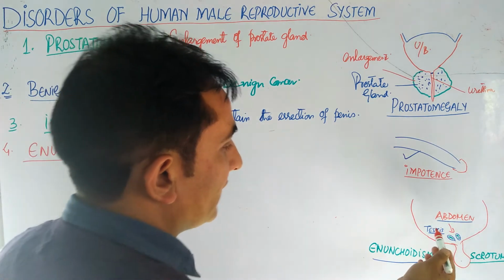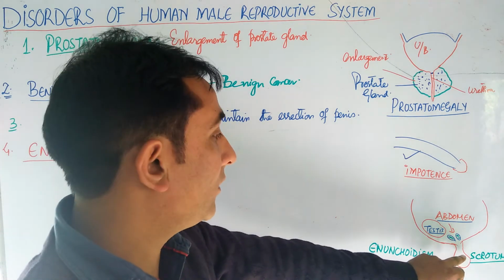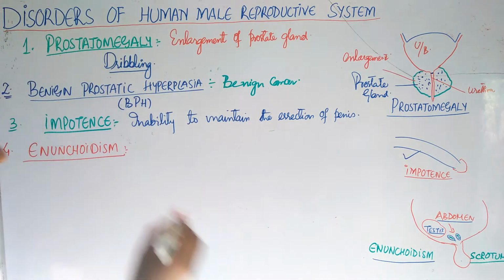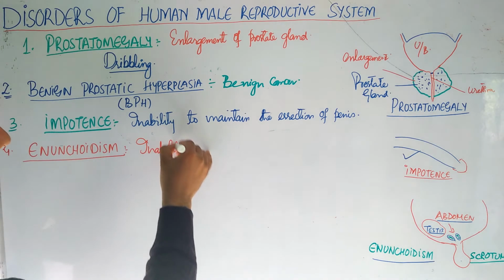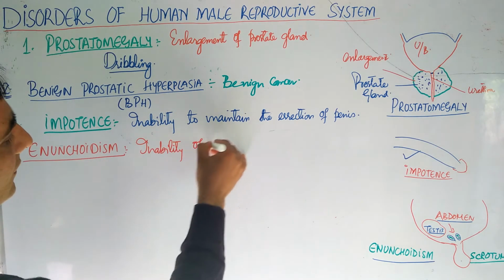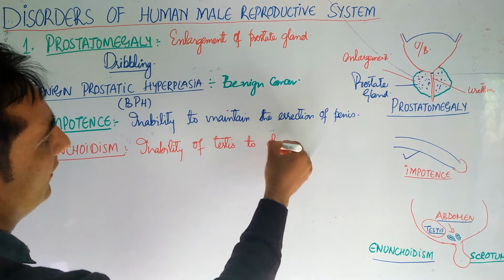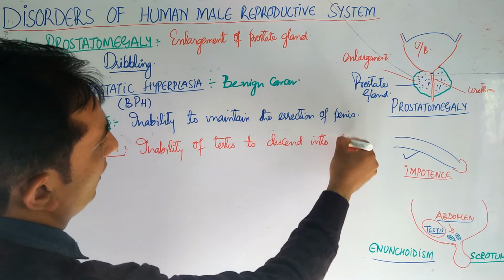If the testes, which should have been in the scrotum, fail to descend into the scrotum, this condition is known as cryptorchidism.